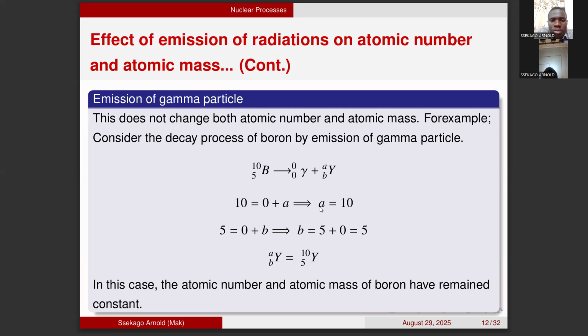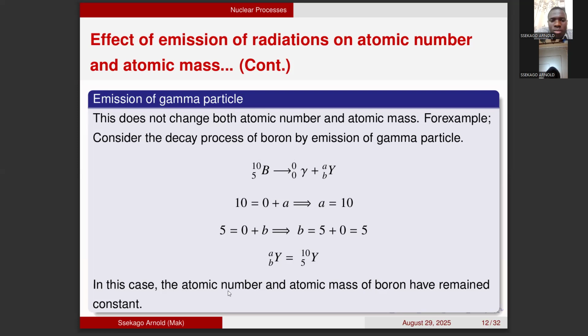So substituting back the values of A and B, we obtain A equals 10 and B equals 5. You are seeing here that nothing has changed, due to the nature of the gamma particle that has been emitted. The mass has remained the same. The atomic number has also remained the same.